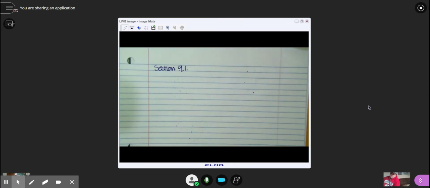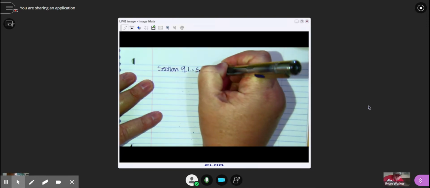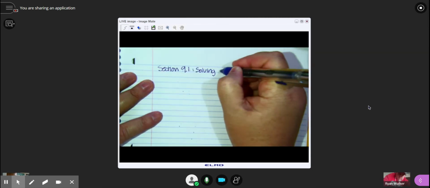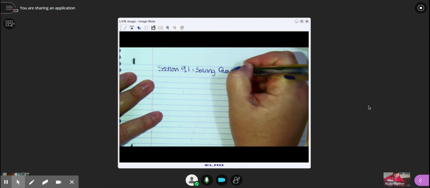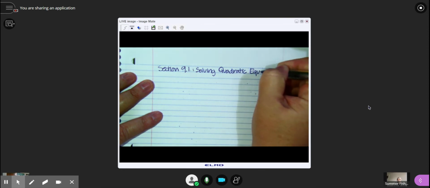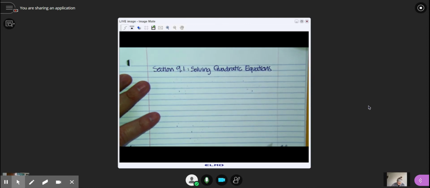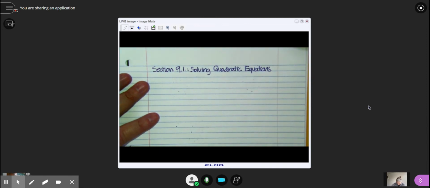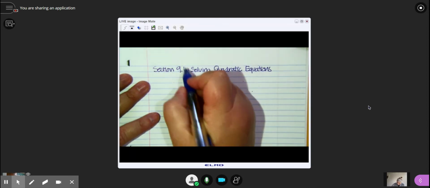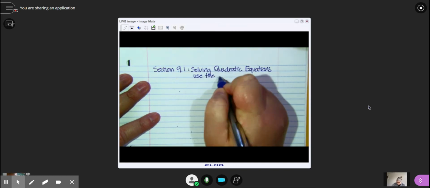All right. So we're going to do section 9.1 today. This is solving the quadratic equations. Specifically, we're going to use the square root property.